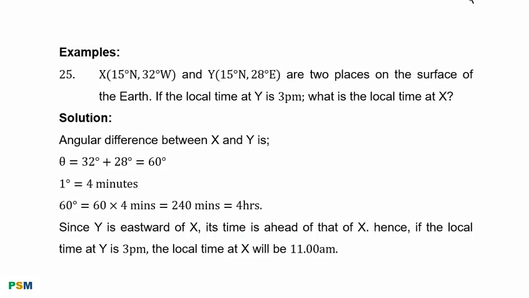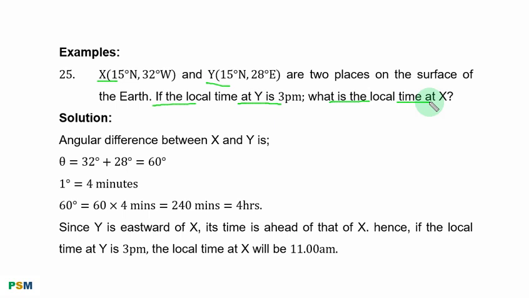Example 25. X and Y with the given longitude and latitude are two places on the surface of the earth. If the local time at Y is 3 p.m., what is the local time at S?